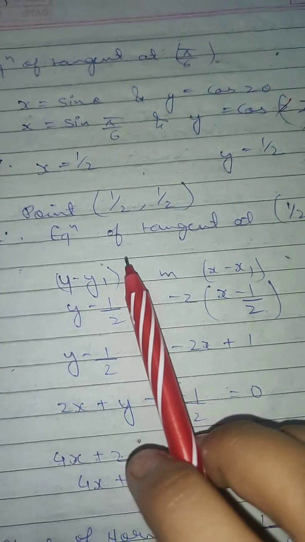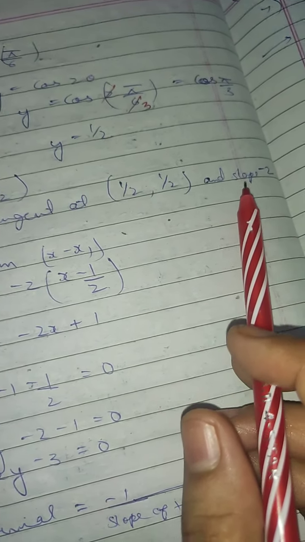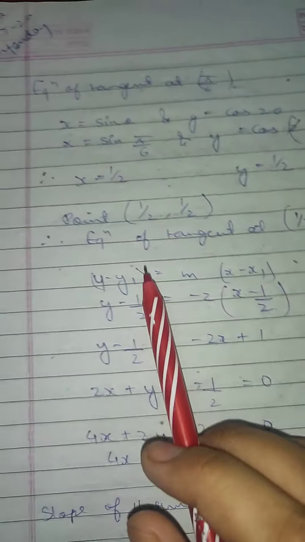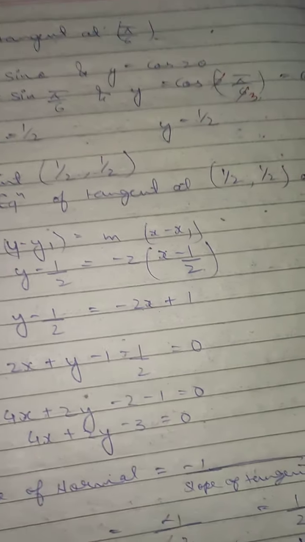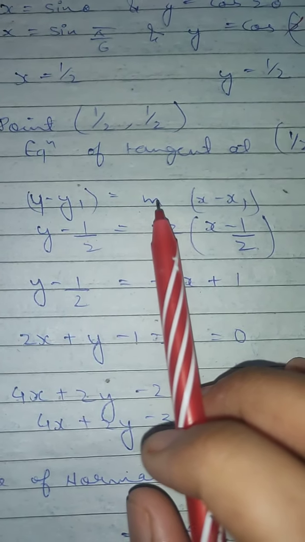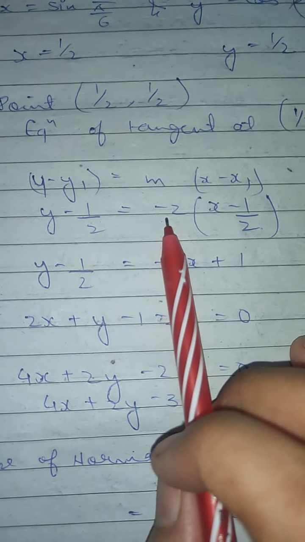So the equation of tangent at the point (1/2, 1/2), and the slope of tangent we got is minus 2. The formula is y minus y1 equals m into x minus x1. Both y1 and x1 are half, and the slope of tangent is minus 2.